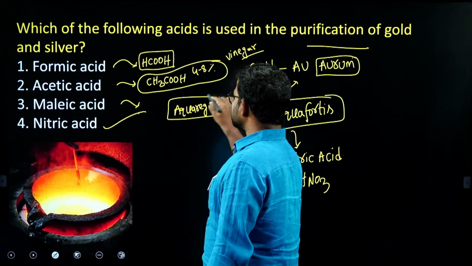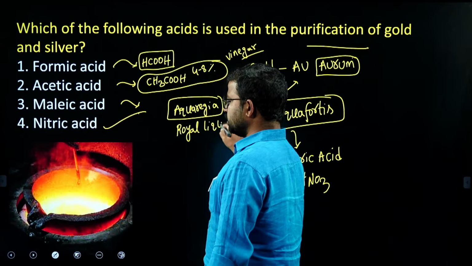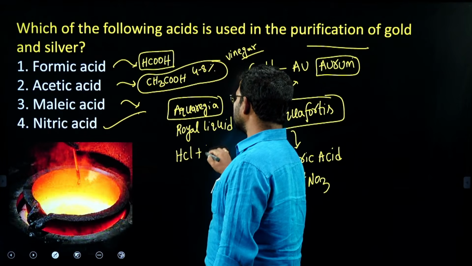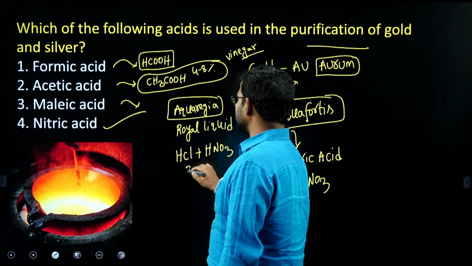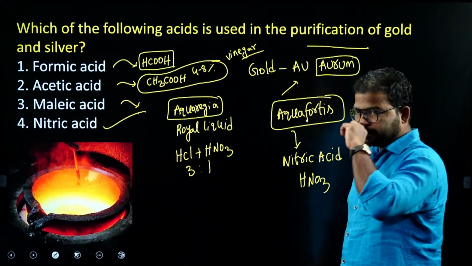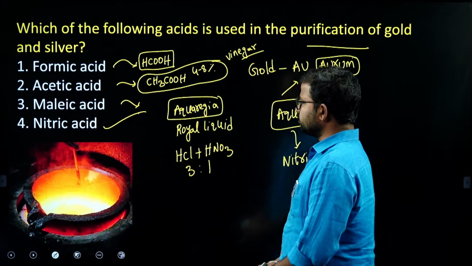Aqua regia is also called royal liquid. It mostly has hydrochloric acid, next HNO3. Here we should consider 3:1, so 3 units of HCl and 1 unit of nitric acid. A mixture of this composition is treated as royal liquid, nothing but aqua regia.